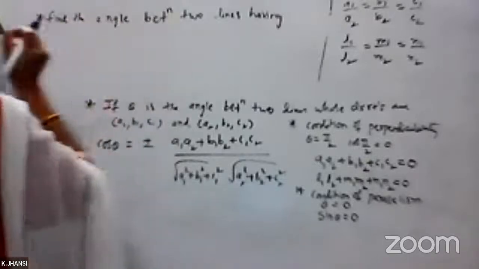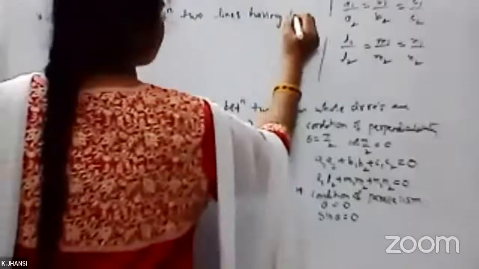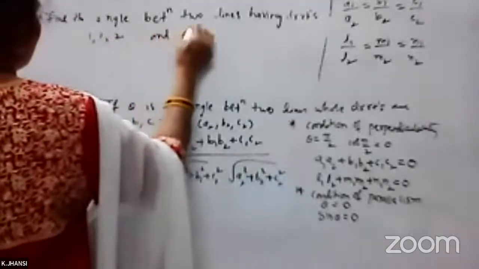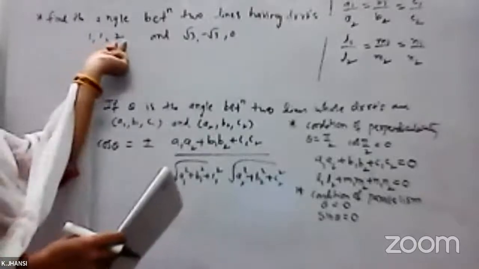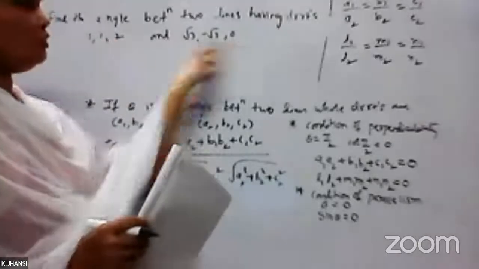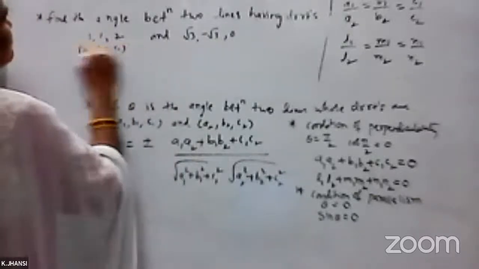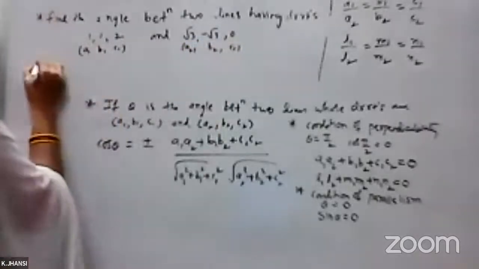Find the angle between two lines having direction ratios 1, 1, 2 and root 3, minus root 3, 0. Here the direction ratios are given as this. Direction ratios means this is A1, B1, C1 and here A2, B2, C2.